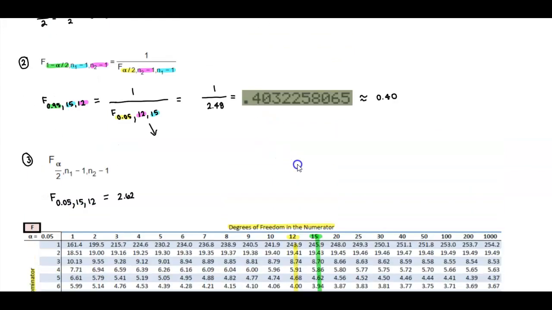Now that we have our numbers, we should draw the distribution so we know what it looks like. If we draw the distribution, we have a curve that is skewed right, and we have two critical values. We have 0.40, and then to the right we have 2.62.